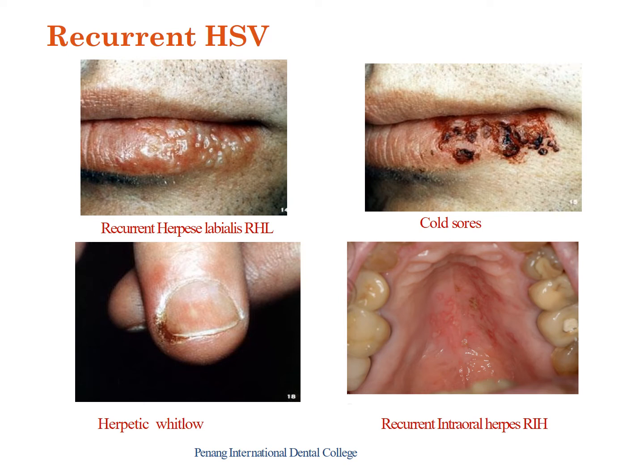It's important to note the area of involvement. This heals with crusting, and when it crusts it's called bloody crusting because there is blood also in the crust, and they're called cold sores. The healing process from herpes labialis to cold sores can take 5 days to about 1 week or even 10 days.